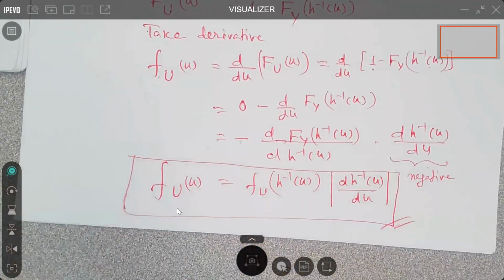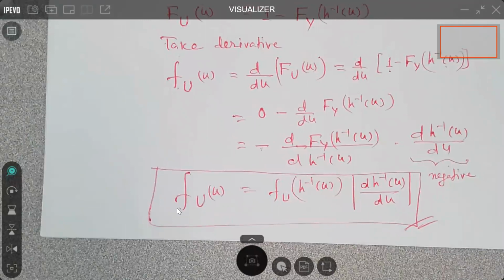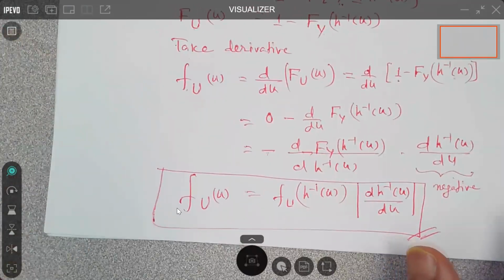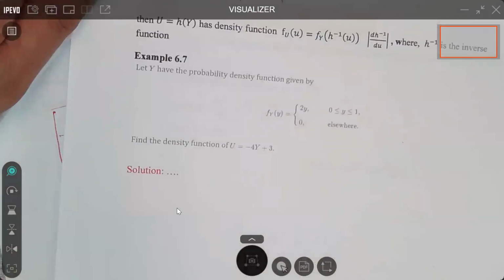Now that's what it is here. Okay. Yes. You understand? Now, let's go here.